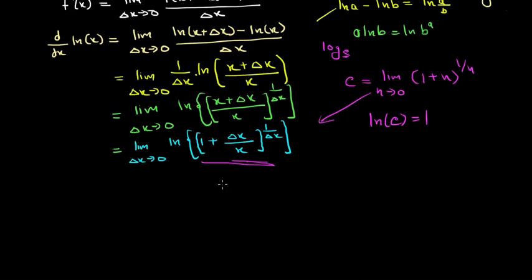So now see this, what we are gonna do is we want to make this thing like this. So what if we put this as n? So let us put n is equal to delta x upon x.